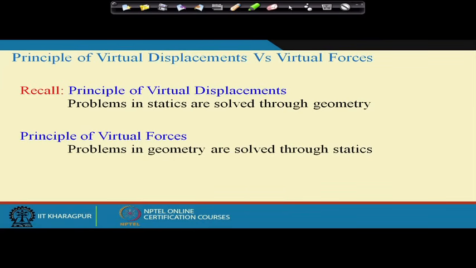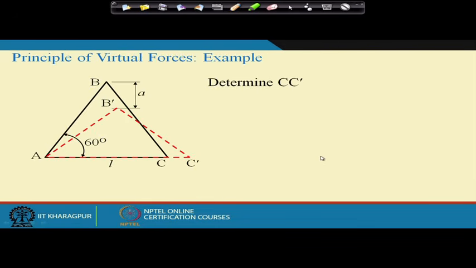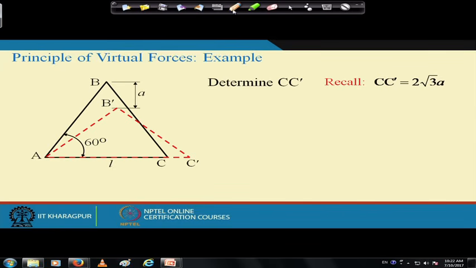Let us demonstrate this quickly. Let us consider this example once again. Point B goes to B dash and this displacement is A, and the member AC undergoes deformation CC dash, and recall, CC dash is equal to 2 root 3, which can be obtained easily by geometry. So it is essentially a problem in geometry, and there is no statics required here.